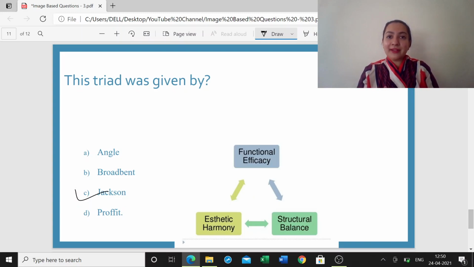You have to make sure it is functional, patient can chew properly, there are good masticatory forces. There has to be a structural balance between your face, jaws and teeth, and aesthetic. Yes, the patient should look good. So this is the very famous Jackson's triad. Angle no, Broadbent no, Proffit no. So it is Jackson's triad.